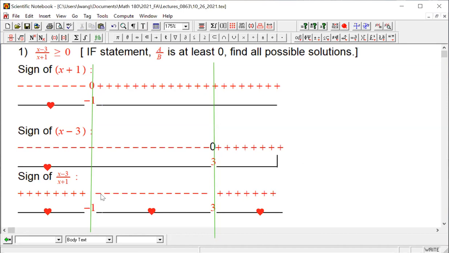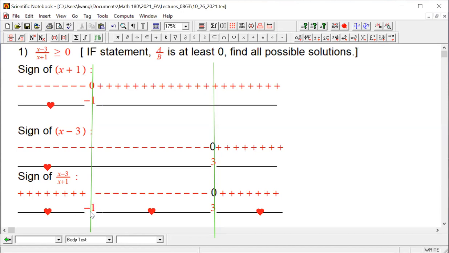Now, how about at the crossing, -1 and 3? When x is 3, 3 minus 3 divided by 3 plus 1. 3 minus 3 is 0, and 0 divided by 4 is 0. So here it is 0.